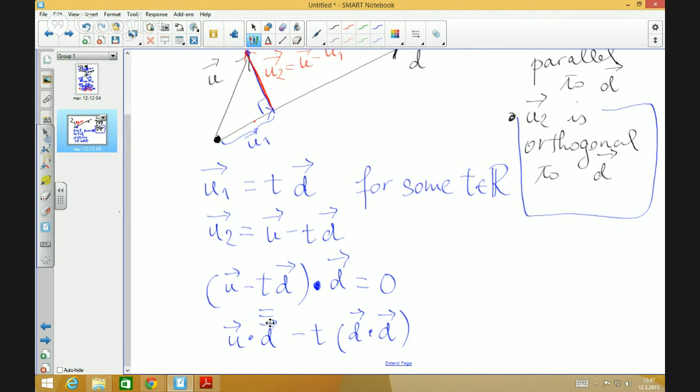But the dot product of d with itself is related to the length of d. It is actually the square of the length of the vector d. So this is equal to the dot product between u and d minus t times the length of the vector d squared.